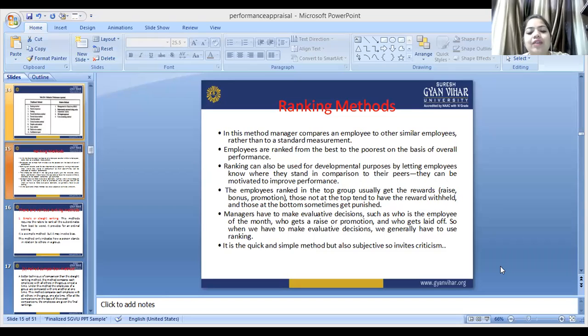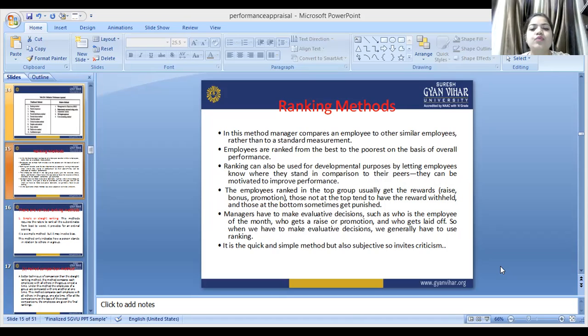They compare one employee to other similar employees. Those ranked at the top are ranked as best on the basis of their performance, and those at the bottom are ranked as poorest.